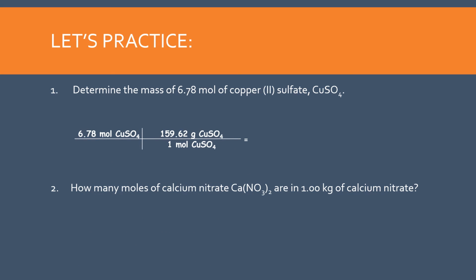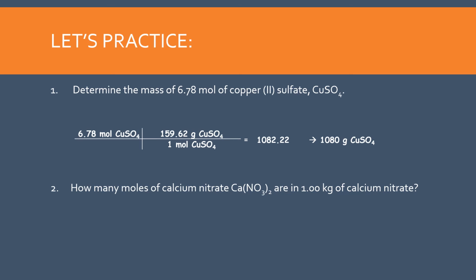Again, I added up the copper, the sulfur, and the 4 oxygens, and I ended up with 159.62. So again, you see moles cancel out with moles, and I'm left with grams. Multiply it out, you got 1082.22. You need 3 significant digits, so it ends up being 1080 grams of CuSO4.